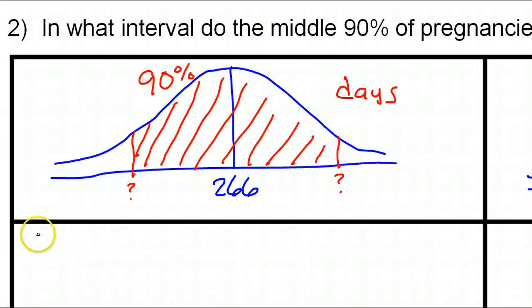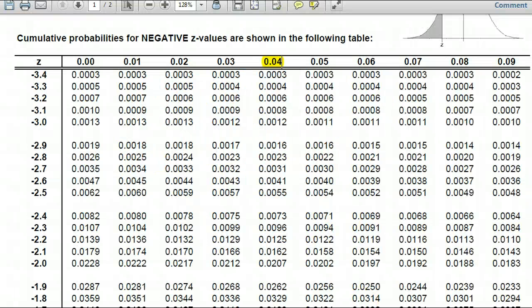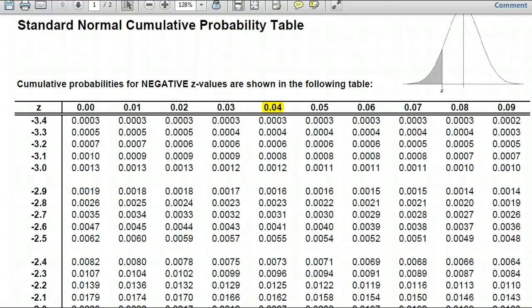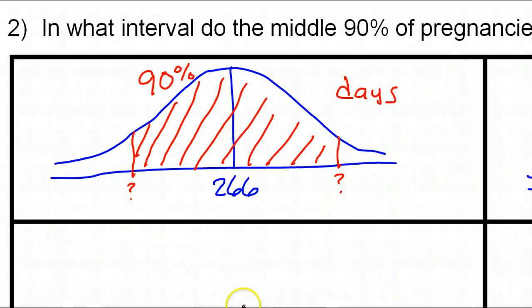All right, this is the part that's going to blow your mind a little bit. The 90%, we cannot use the 90%. This chart, the table of values that we have, is not a chart of values that go between anything. It's always got to be to the left. So this chart doesn't know anything about between two numbers, only to the left of numbers.